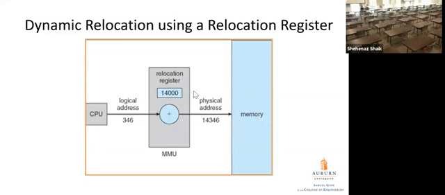So for that reason, this relocation register, the starting address of the set of memory locations allocated to a particular process, will again be stored as part of the process data structure. That is one small thing that we need to remember. Do we have any questions here?